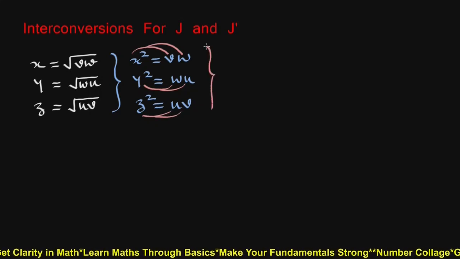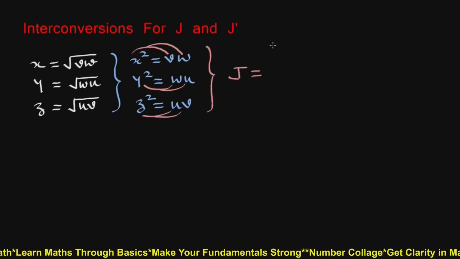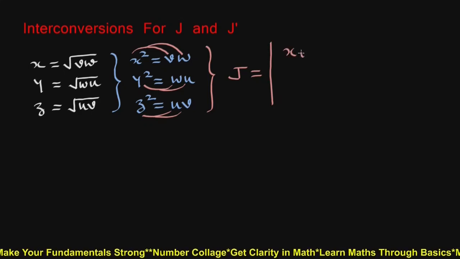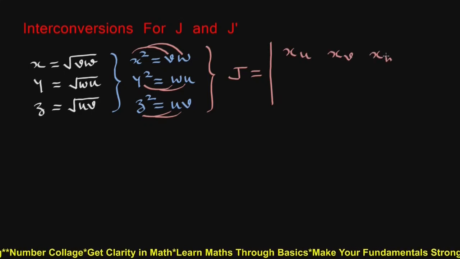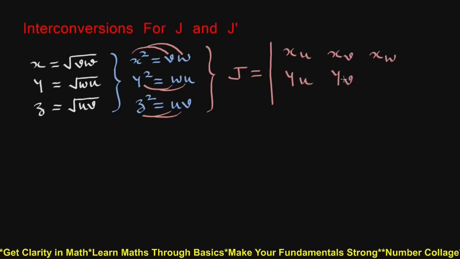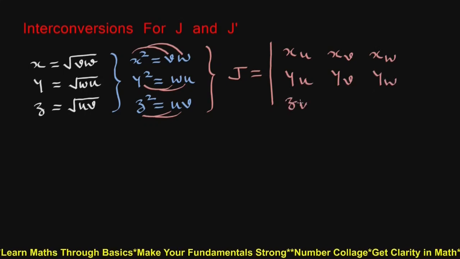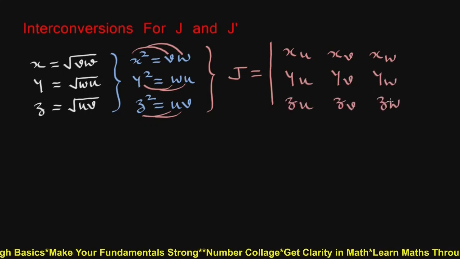Therefore, we can find j, which will be determinant xu, xv, xw, yu, yv, yw, zu, zv, zw.